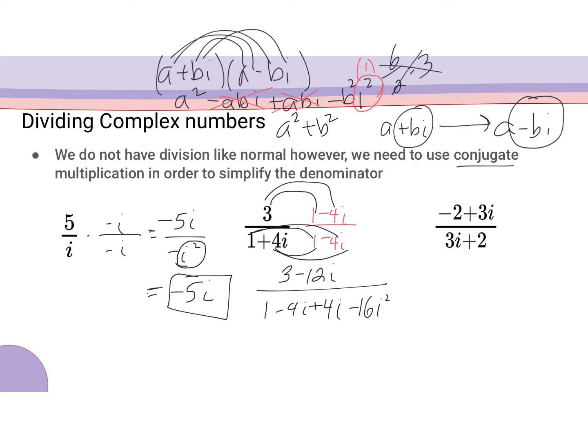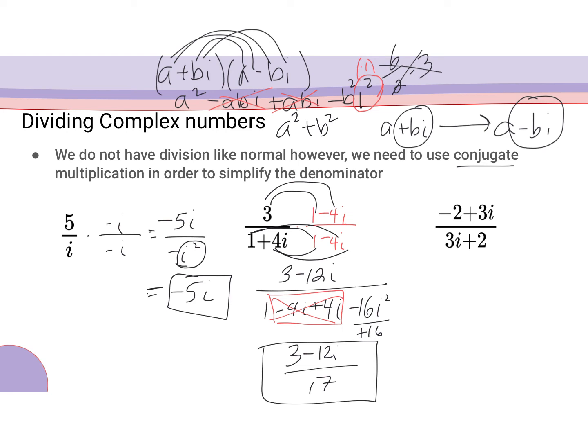And this is where that payoff comes in that I talked about earlier. Look at that. Gone. I love that. And this will just become plus 16. So my answer is 3 minus 12i divided by 1 plus 16, which is 17. If I could reduce, I would, but 17 is a prime number, so I cannot reduce.